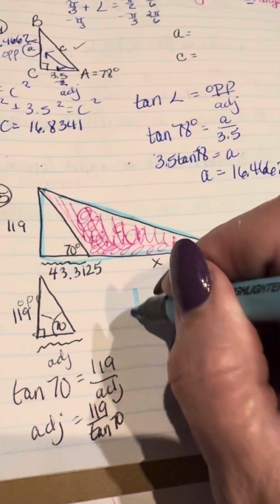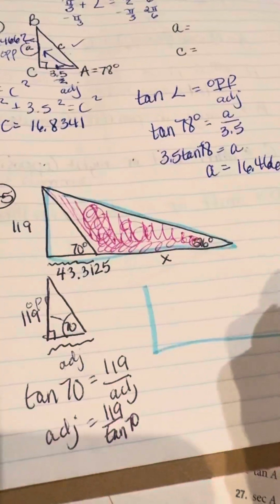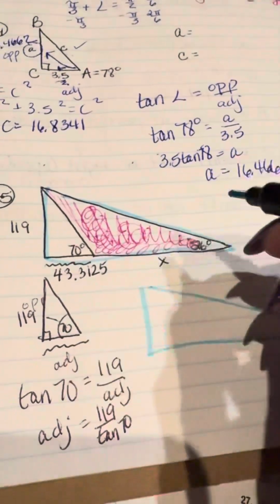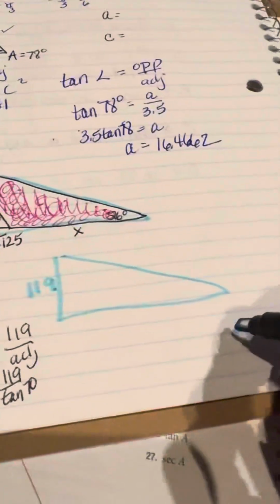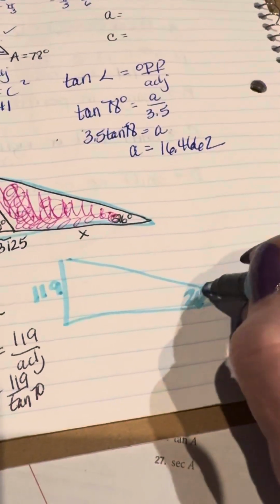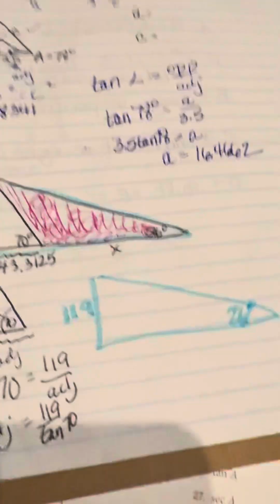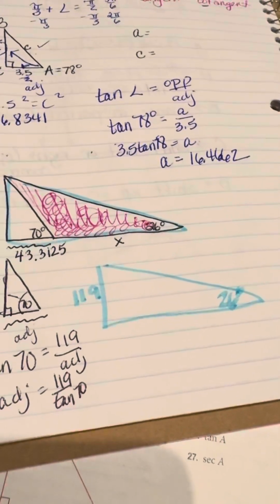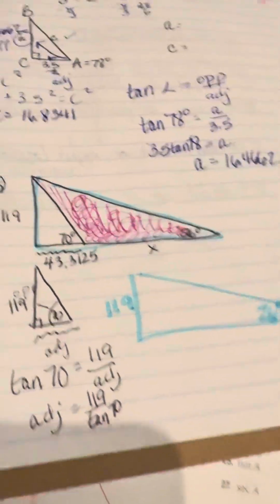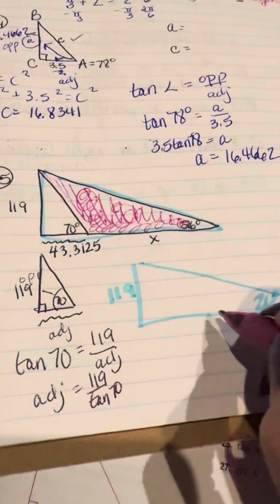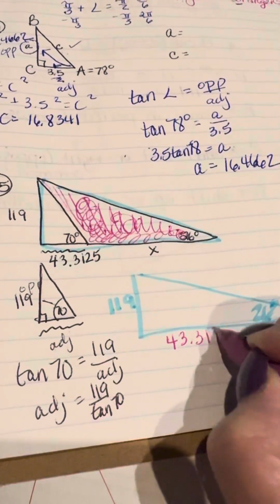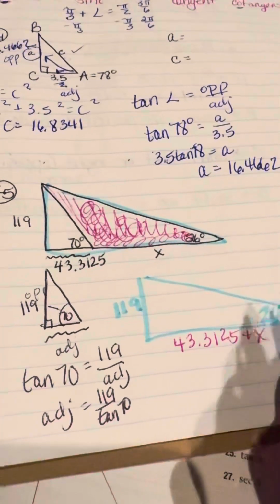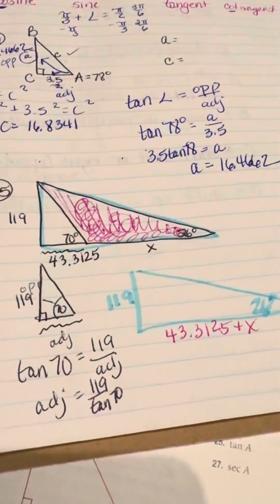And that triangle, which also has that leg of 119, has this angle of 26. When I solve that triangle for this value right here, it happens to be that plus that.